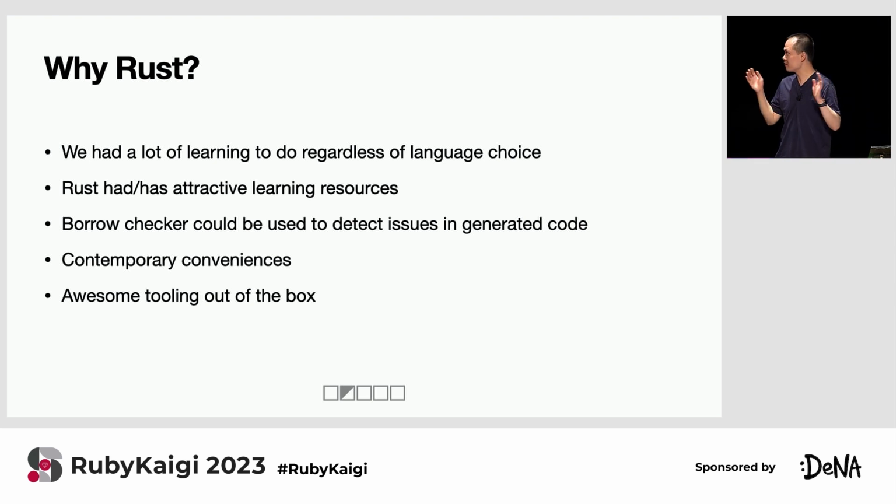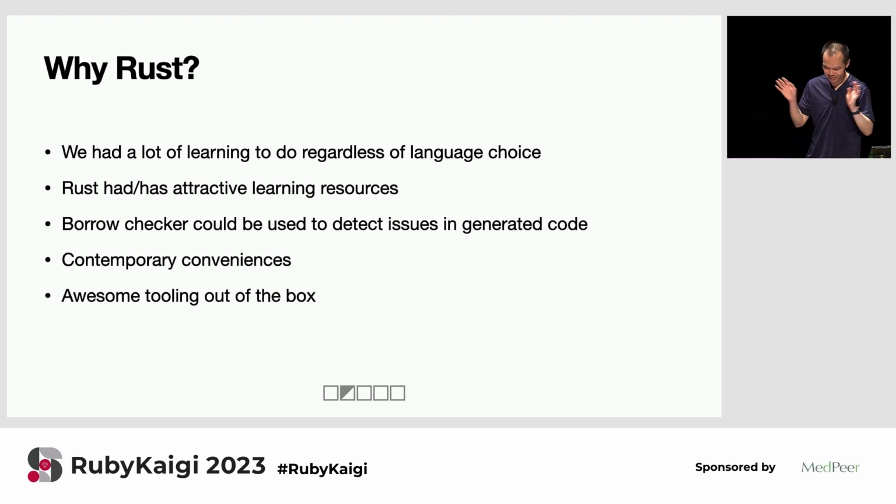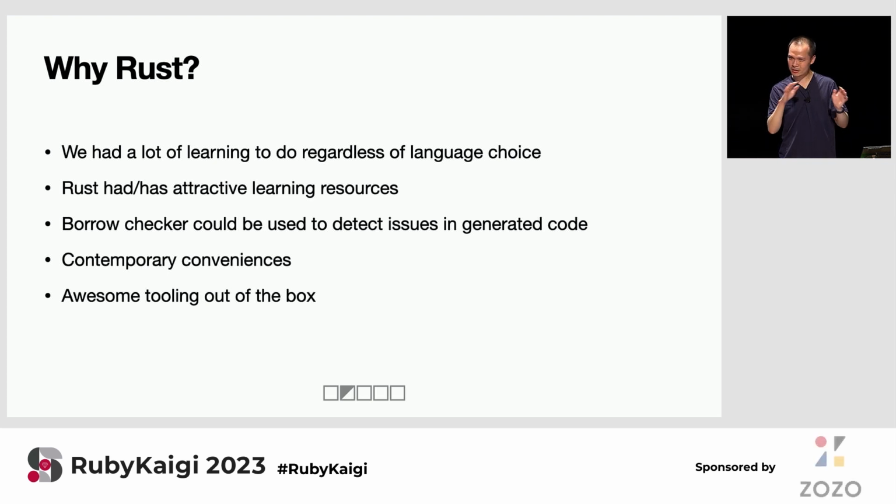Rust seemed to have a lot of learning resources, and it came out of the box with a bunch of nice tools, creature comforts such as not needing to declare functions twice, a built-in test runner, all that. There's also some subtler, more complex things that it offers. We had some classes of bugs that we knew that if we talked to the borrow checker in the right way, we could rule them out at build time.